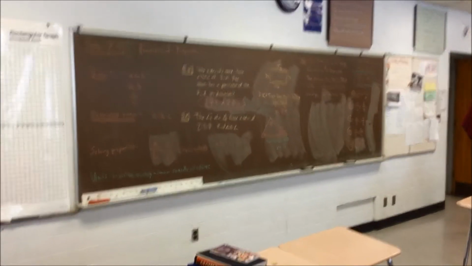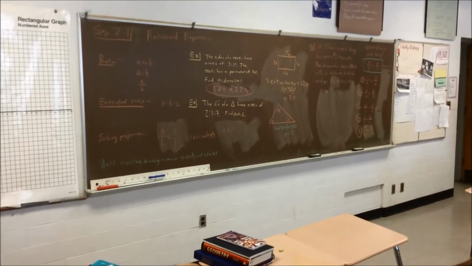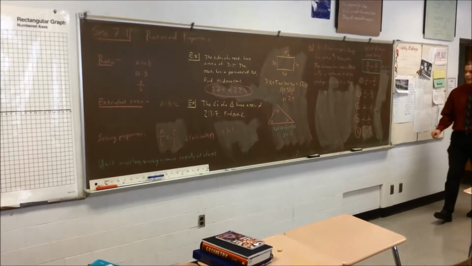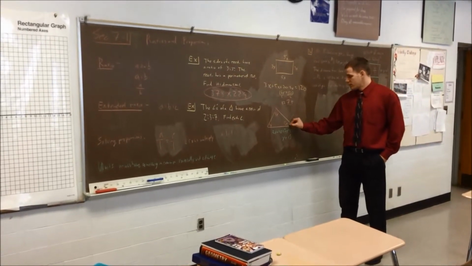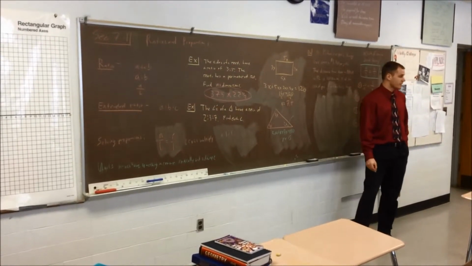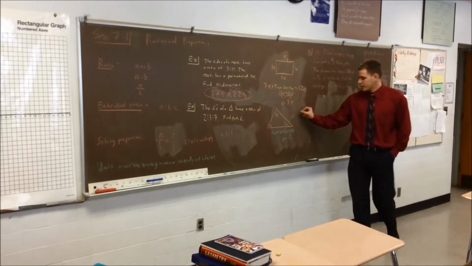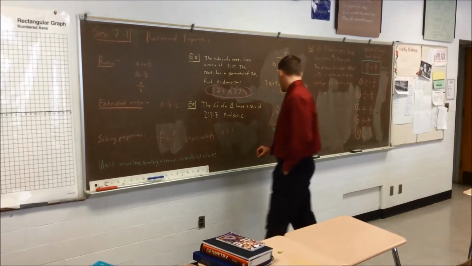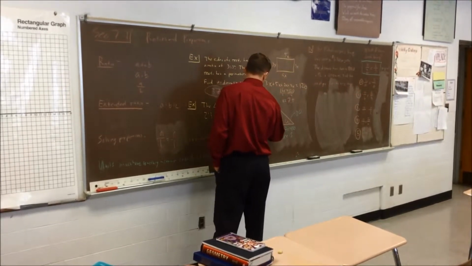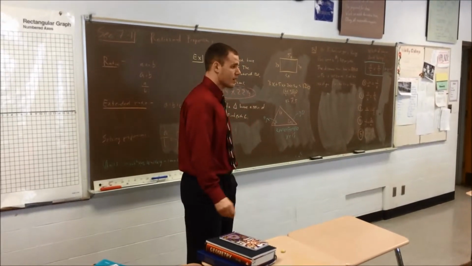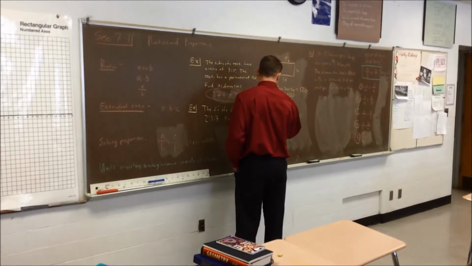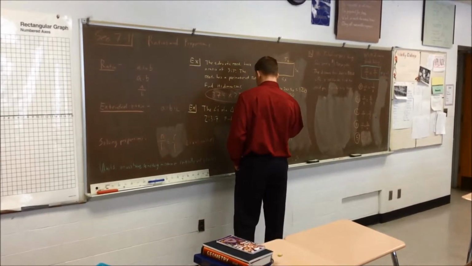What did the question ask? Find each angle. So, let's plug it in. This angle is going to be 2x, which is how much? 30. 3x is how much? 45. 7x is how much? 105. Great.